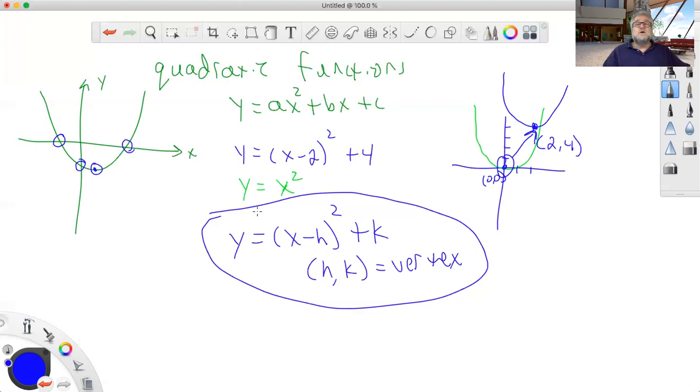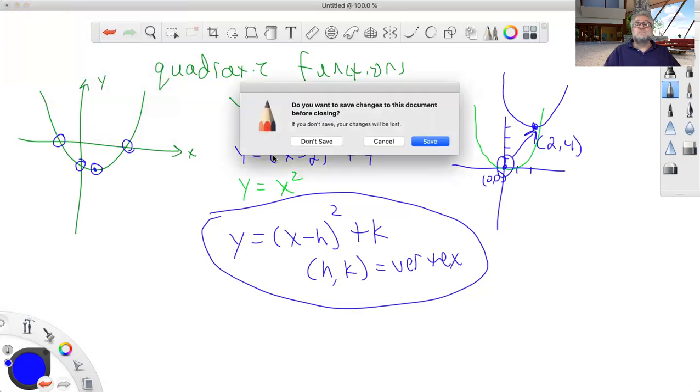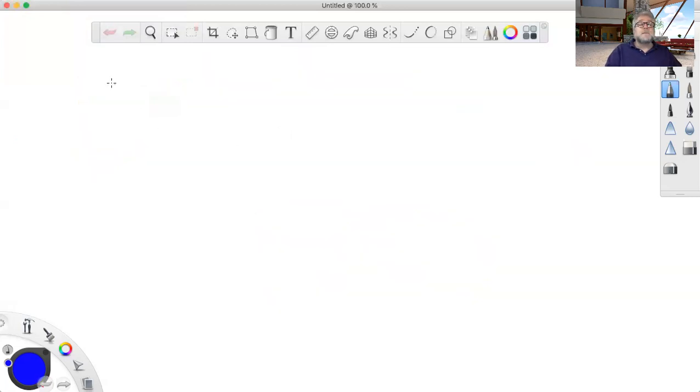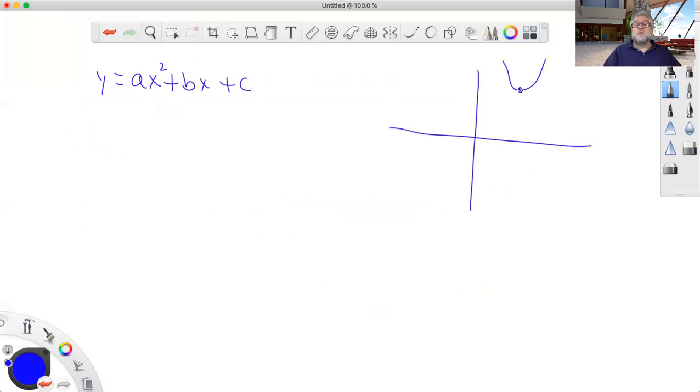Okay, so if we take another function, first of all, y equals ax squared plus bx plus c. In the last problem, our vertex was at the point 2, 4, right? Because we had y equals x minus 2 squared plus 4. And if I multiply this out, this would be x minus 2 times x minus 2 plus 4.